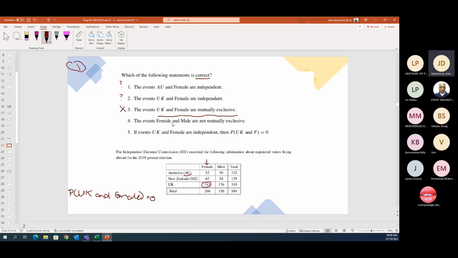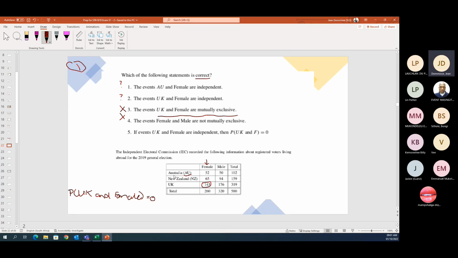The events female and male are not mutually exclusive. For this table, you are male or you are female. There is not a non-binary option in this table, so you can only be male or only be female. So that is incorrect.